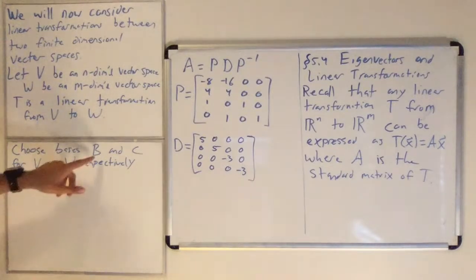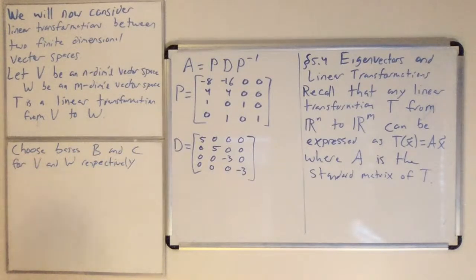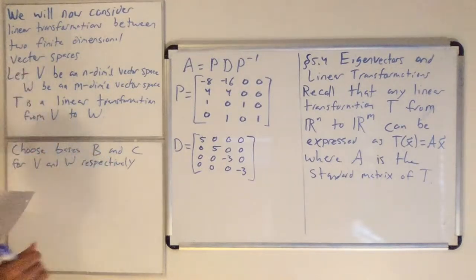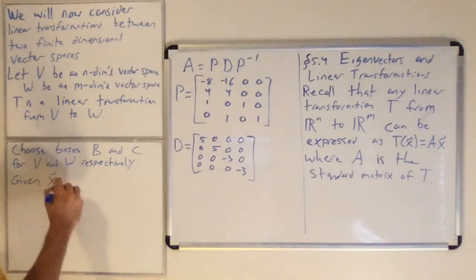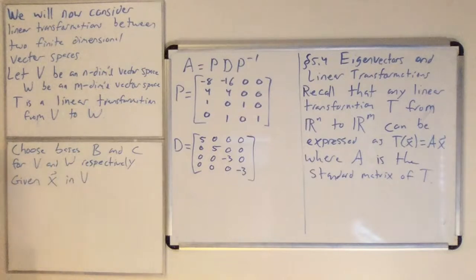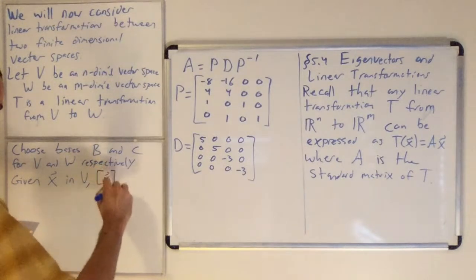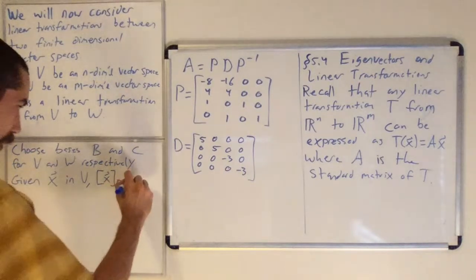Okay, so B is some basis for V, C is some basis for W. We'll take some vector X in V. The B coordinate vector of X is in Rn.